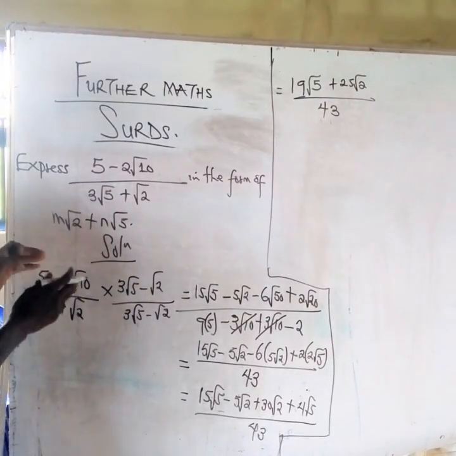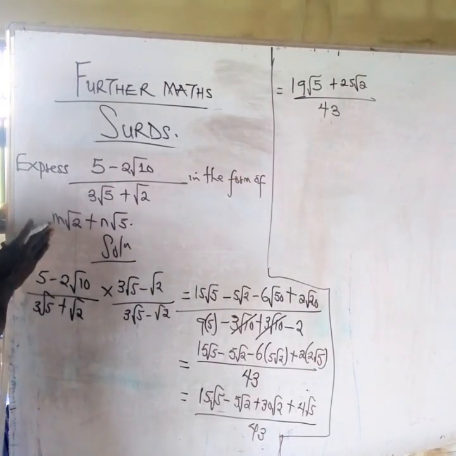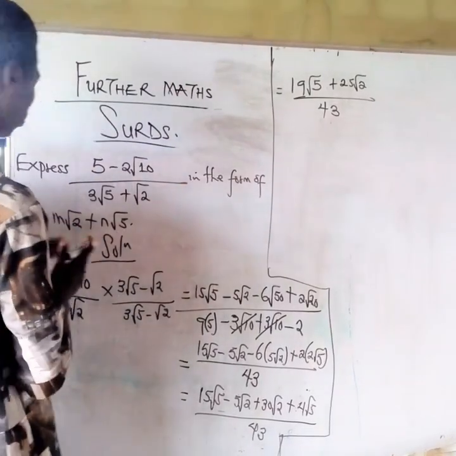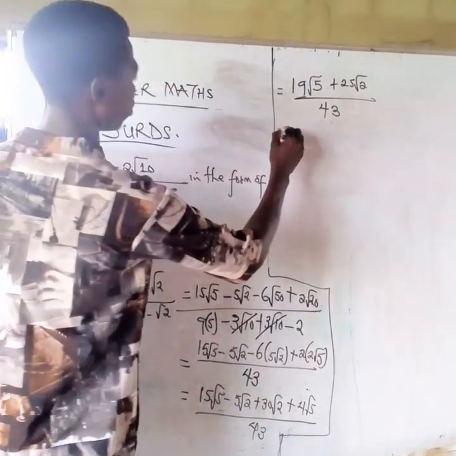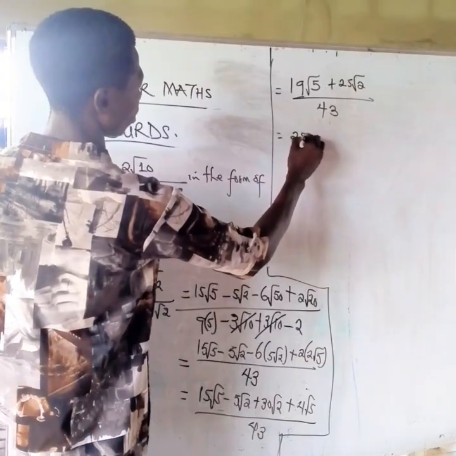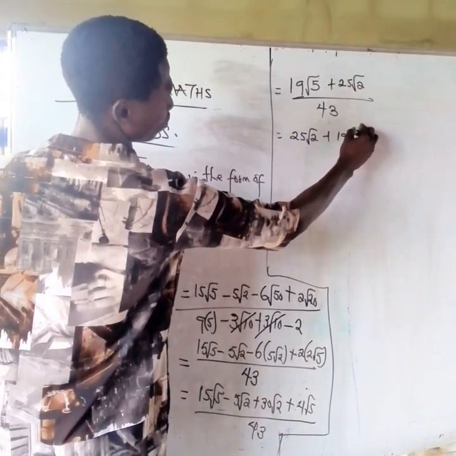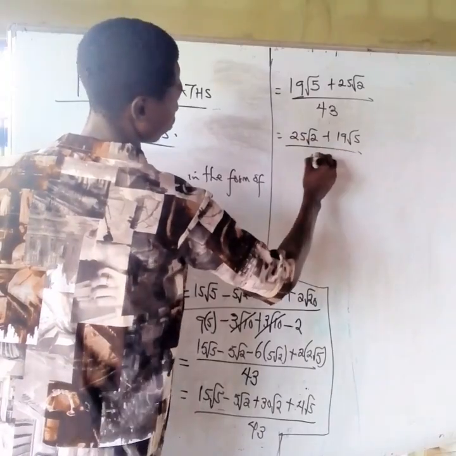So you say we should arrange it in this order, where you have m root 2 plus n root 5. So you're going to adjust, bringing root 2 first. So this is 25 root 2 plus 19 root 5, all over 43.